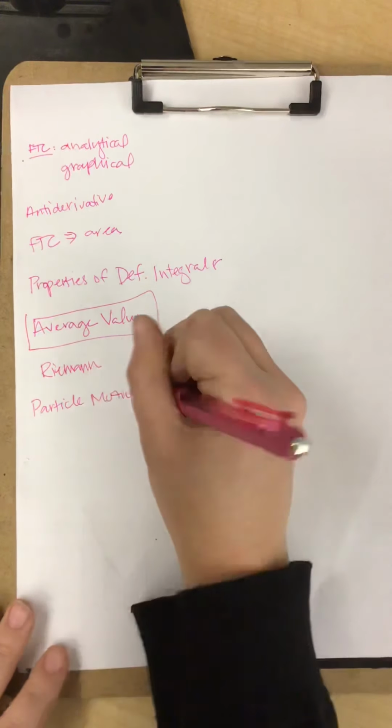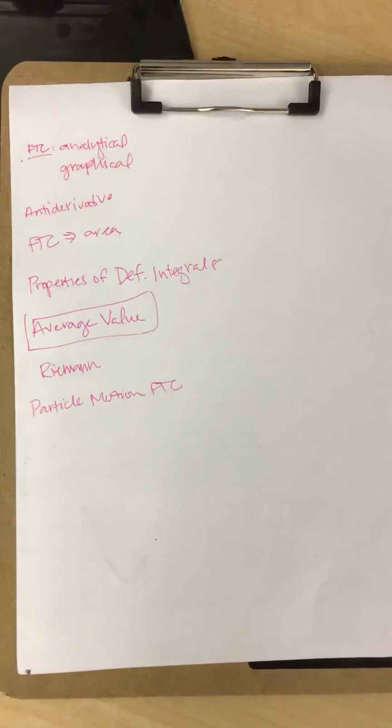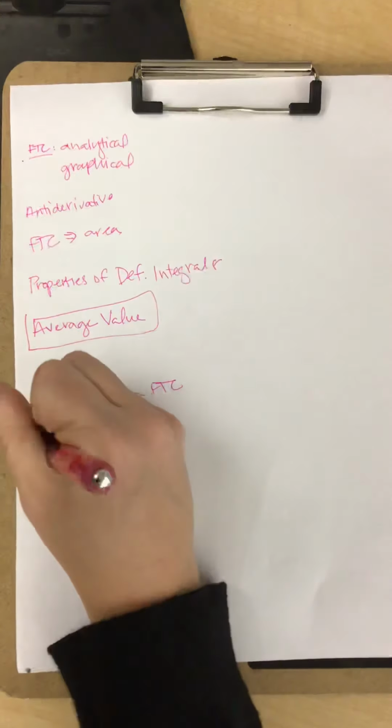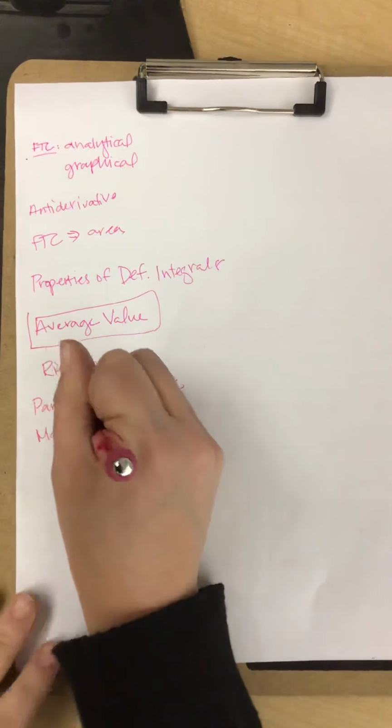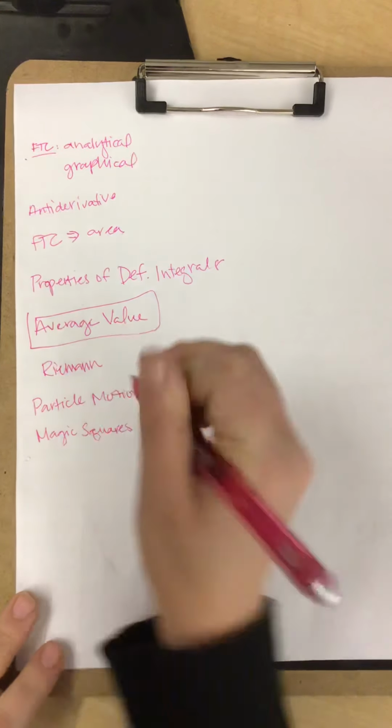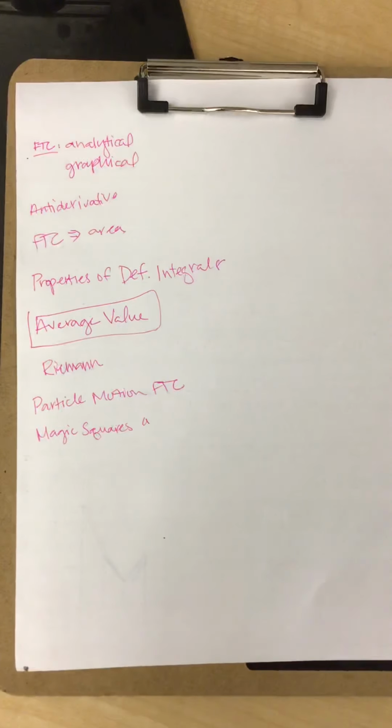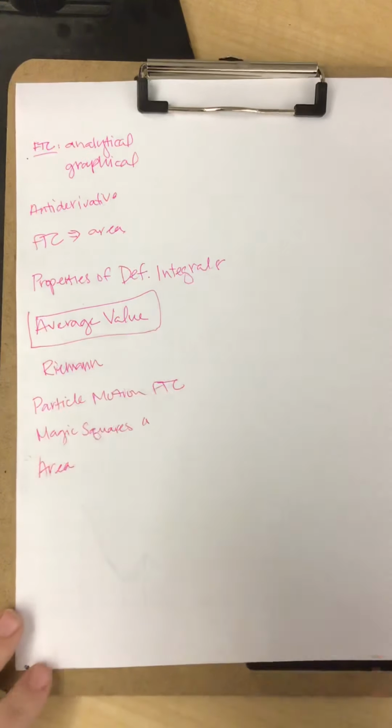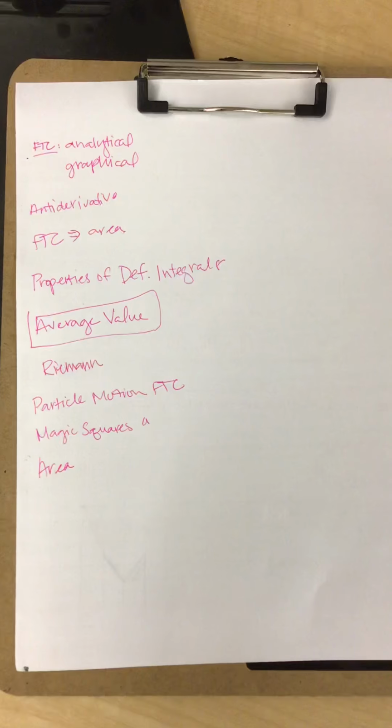Again, it includes the FTC. A huge, huge thing going on here. This problem, the only way I can describe it is like the magic square problems. Part A for most of them. Then I've got an area type problem.